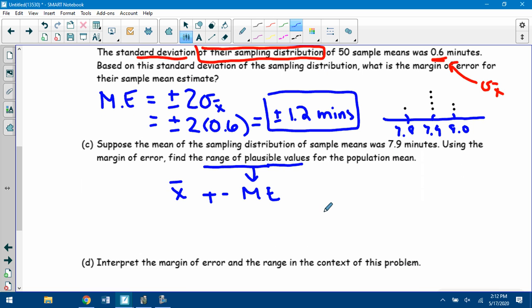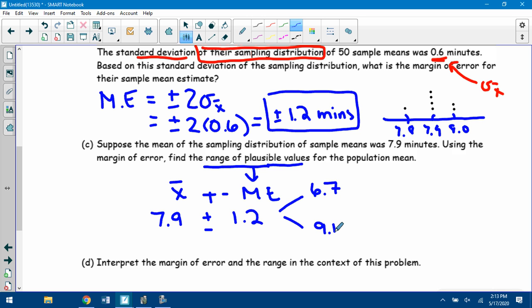So the mean of the sampling distribution was 7.9. We're going to add and subtract the margin of error, which just came up to be 1.2. So I'm going to add 1.2 and subtract 1.2. If I subtract 1.2, I get 6.7. If I add 1.2, I get, what, 9.1?